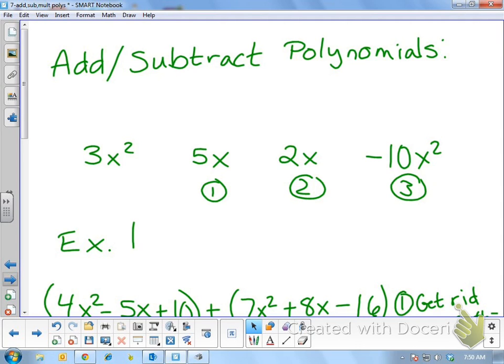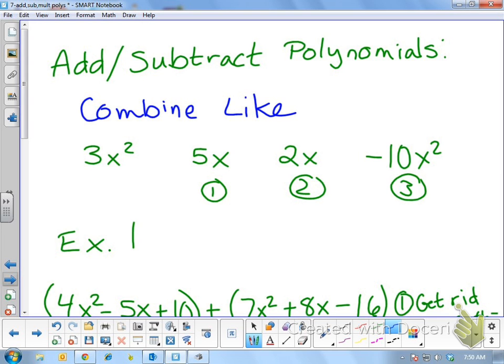Basically, adding and subtracting a polynomial is the same thing as combining like terms, which you've done before in previous math classes. I gave a couple of terms, 3x squared, 5x, 2x, negative 10x squared, just so we can review which ones are like terms, what we mean by like terms.